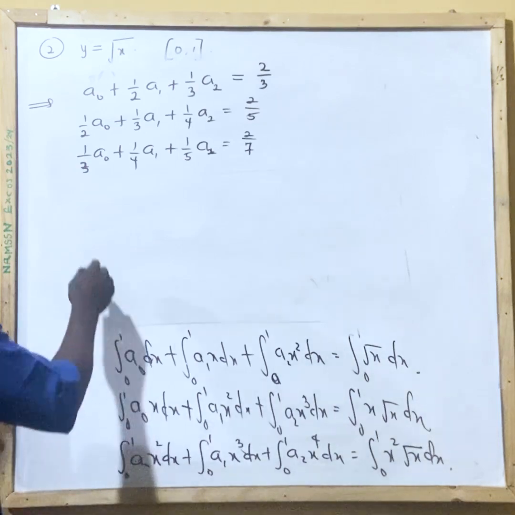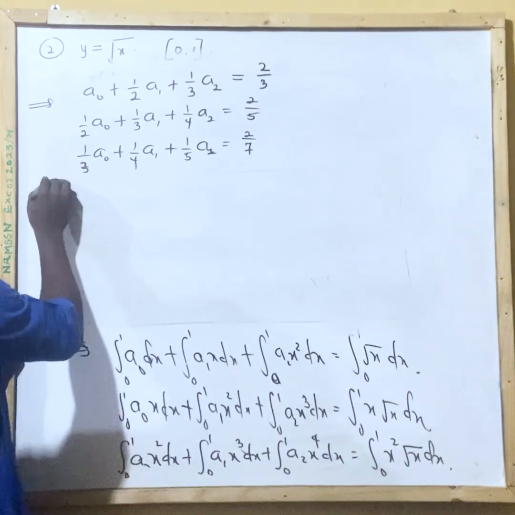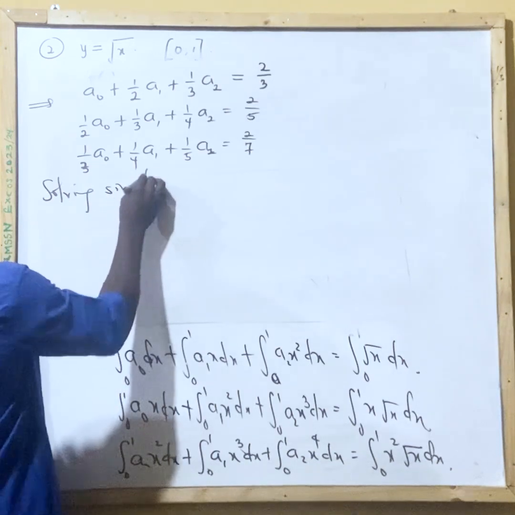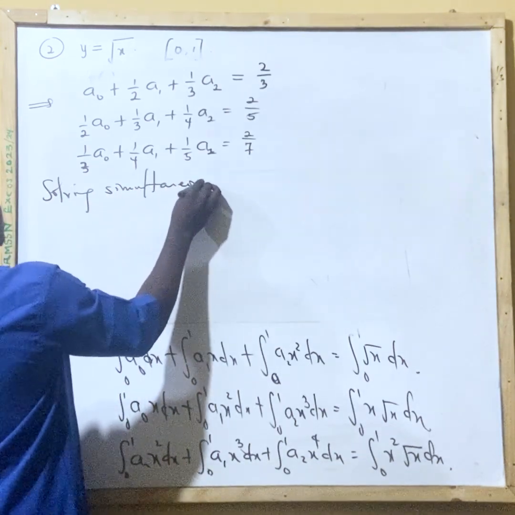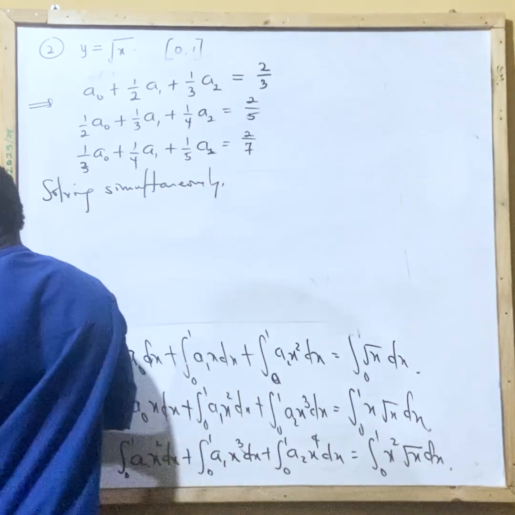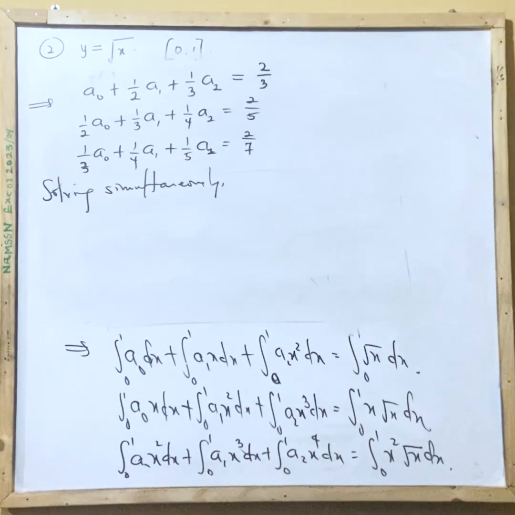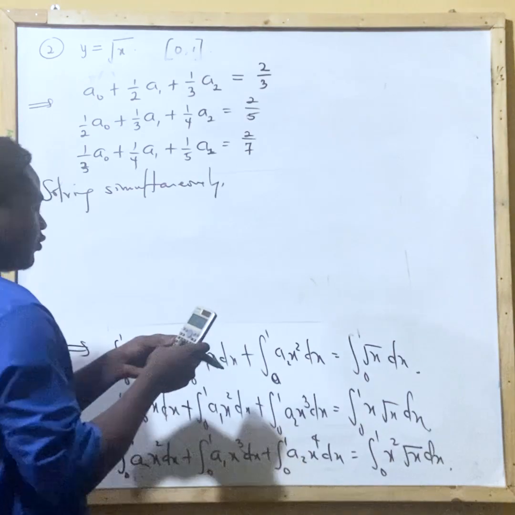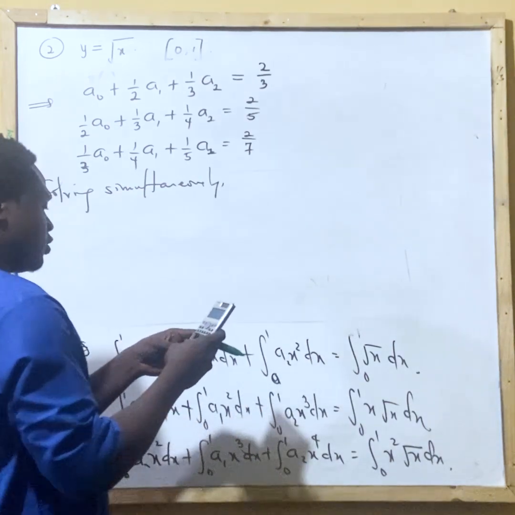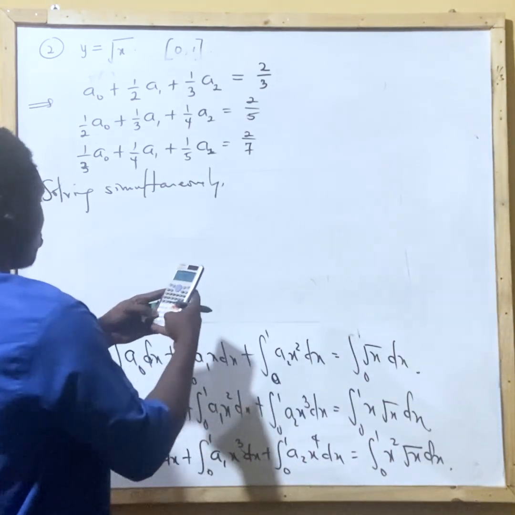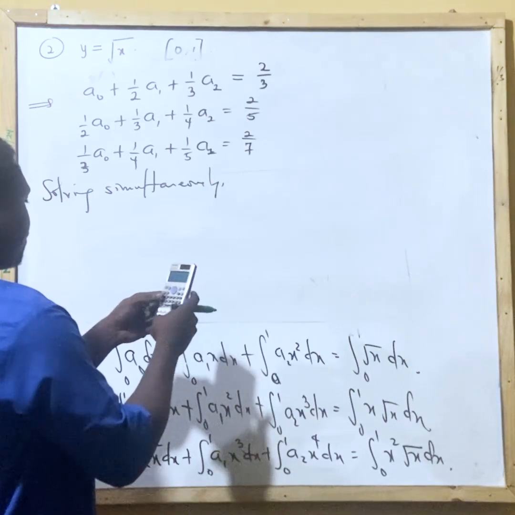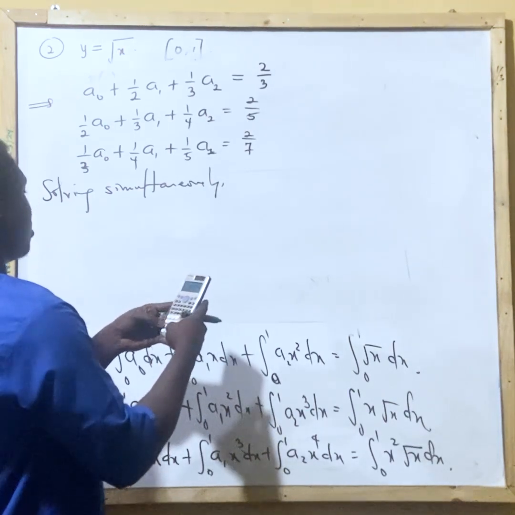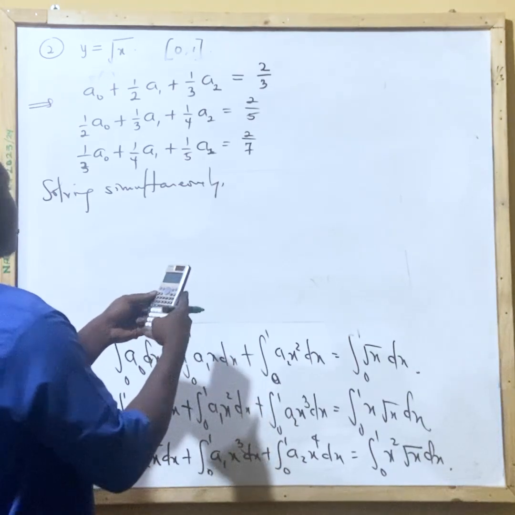But if you solve using any method, so solving simultaneously, we get, so I'll be solving mine with a calculator. You can solve yours using whatever method you are taught. Okay, bear with me.